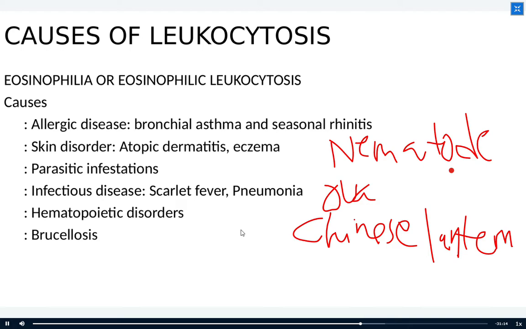Naalala mo ba yung parasitology mo? Bigyan ko kayo ng clue class. Bipolar mucus plug.